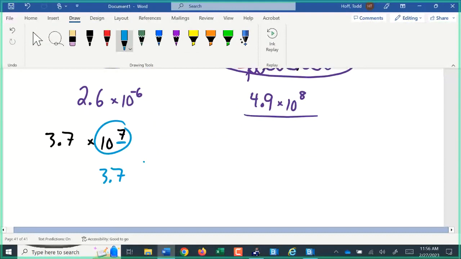So I have to make this 3.7 larger by moving the decimal point 7 places. So I move 1 spot, and then I'm out of digits, so I have to add zeros. So that's 2, 3, 4, 5, 6, and 7. So I come back, put in my commas, and that's 37 million.